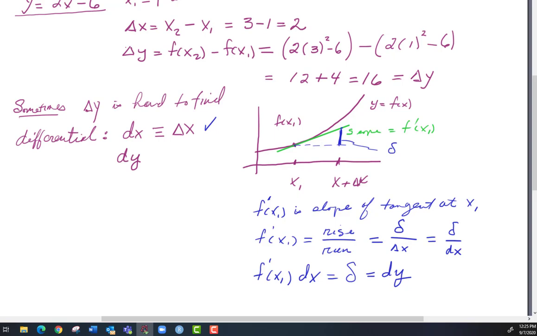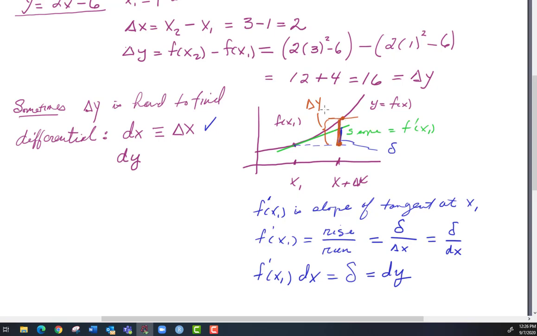And let's look at this one addition. I'm going to draw a horizontal line through here and note this distance from here down to here. That distance, that's the real change in y. This distance right in here, this is going to be offset just a little bit.